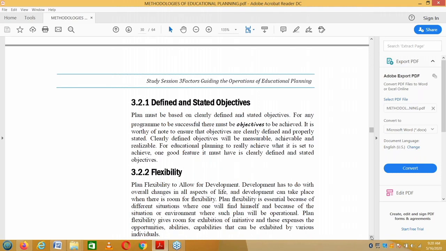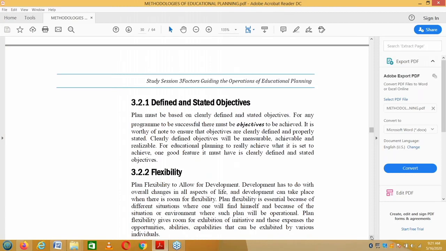Another characteristic is flexibility. Educational planning should be flexible enough to allow development. Development has to do with overall changes in all aspects of life. Like what we have now, some schools have put in place some levels of development in terms of having online teaching and online classes for both primary and secondary students, because they looked beyond the pandemic.